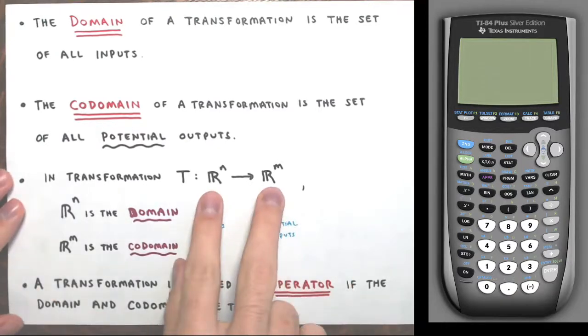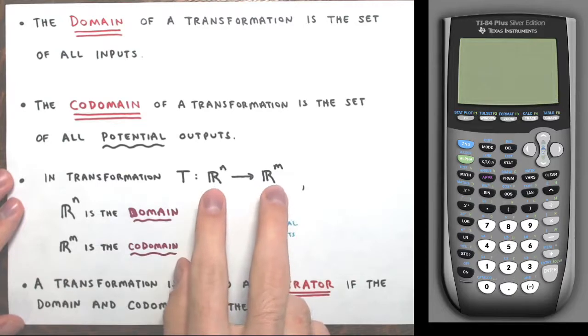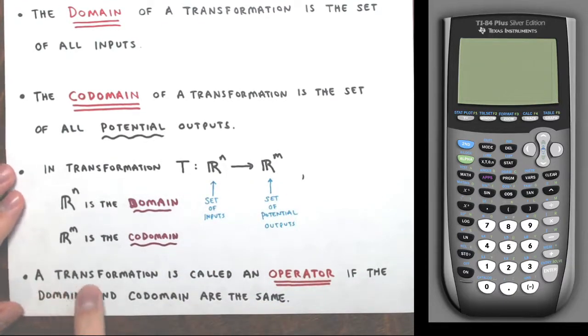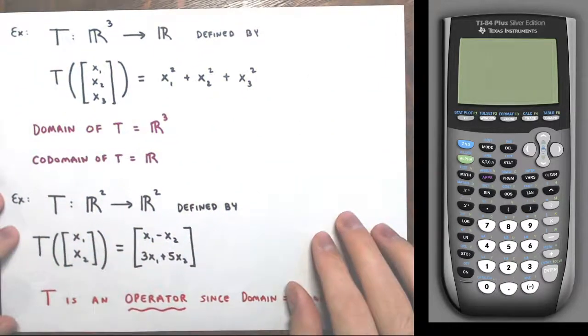And if these two are the same, if both of these are R2 or both of these are R3, the transformation is given a special name. A transformation is called an operator if the domain and codomain are the same.